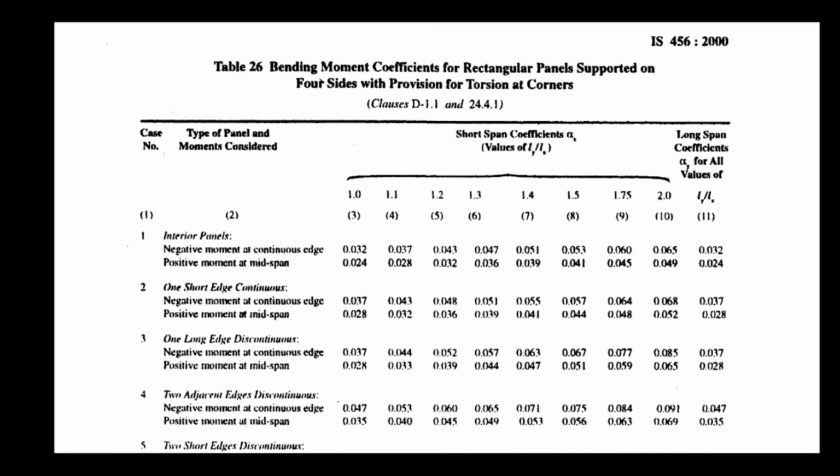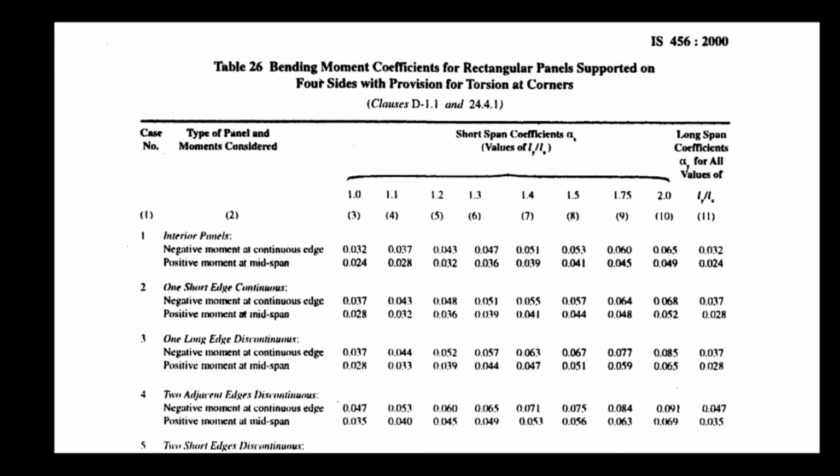So table number 26 is bending moment coefficient for rectangular panels supported on 4 sides with provision for torsion at corners.